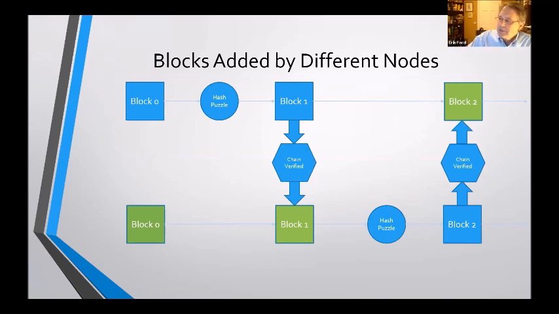Hash puzzle is communicated, solved in this case by the green node, creates block 2, chain is verified, block 2 is communicated to the upper node, and back and forth it goes. But of course it would include many more parties than this in a normal blockchain scenario.